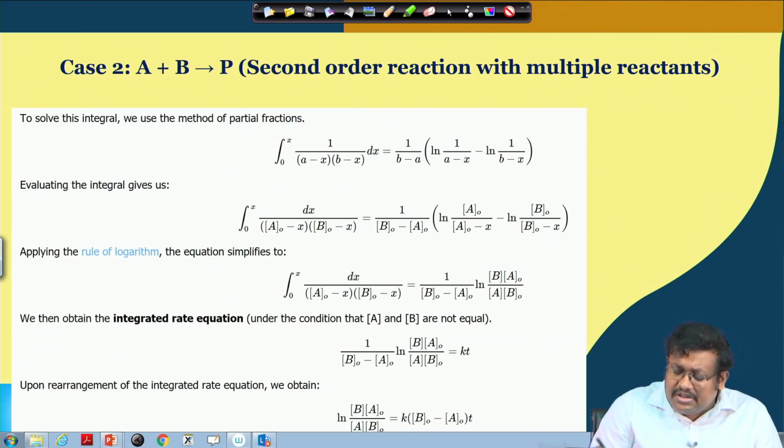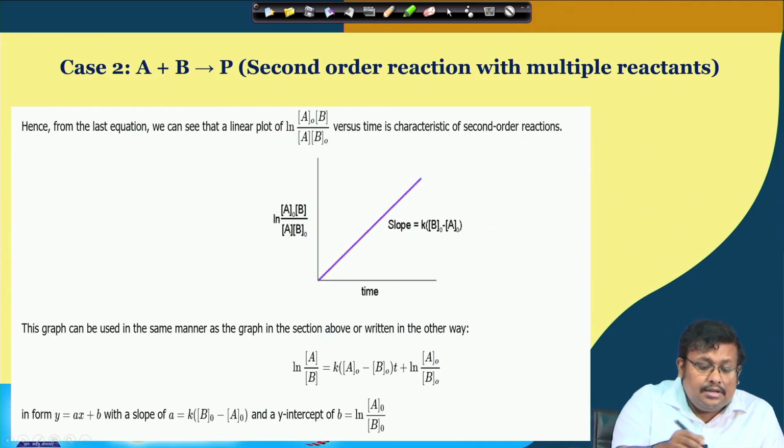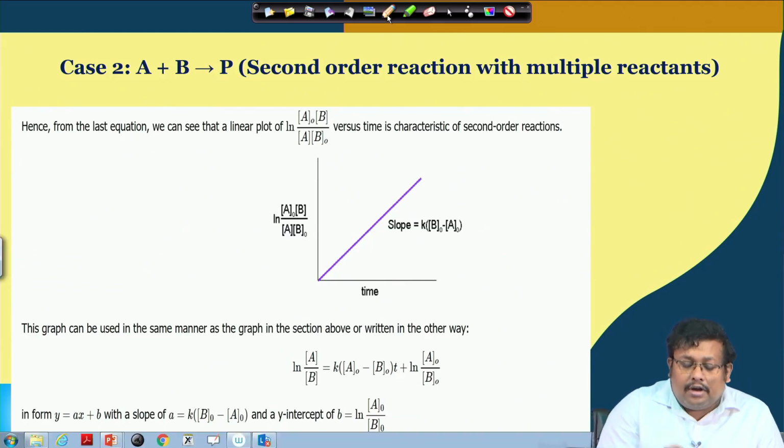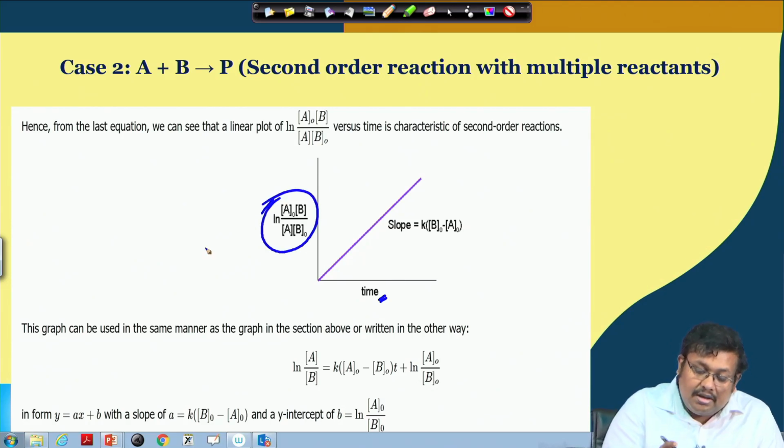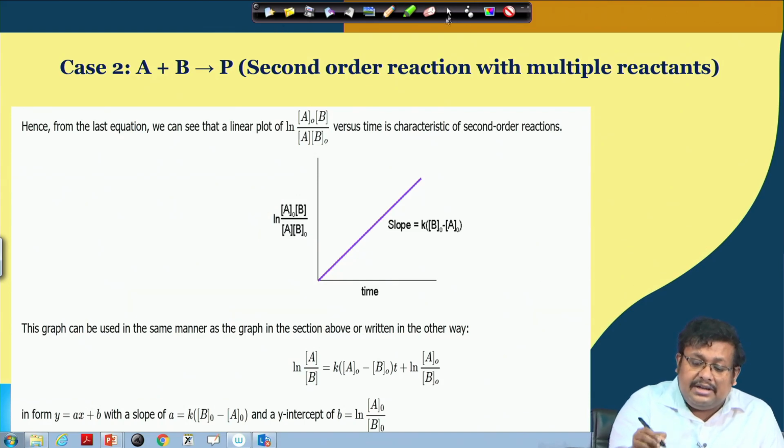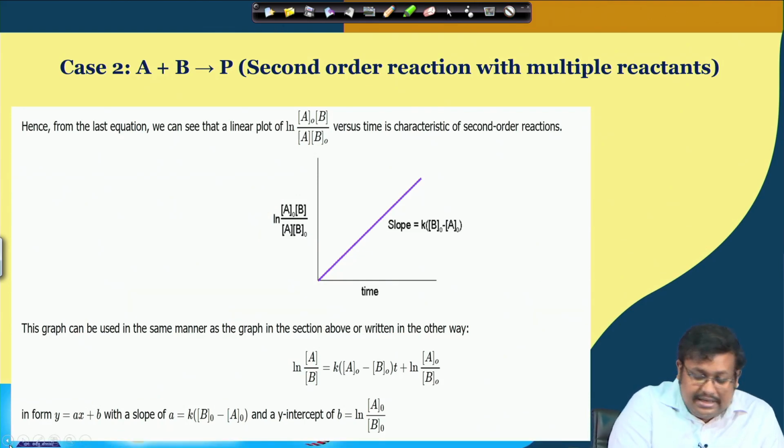From this equation, a linear plot we can get if we plot time versus the logarithm of this form. So, ultimately if we go back it will be clear.